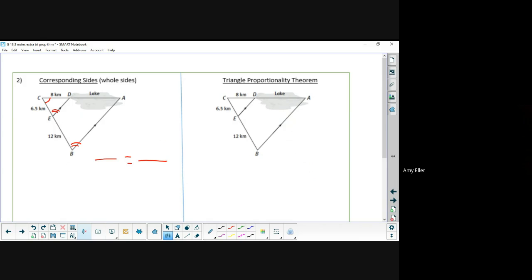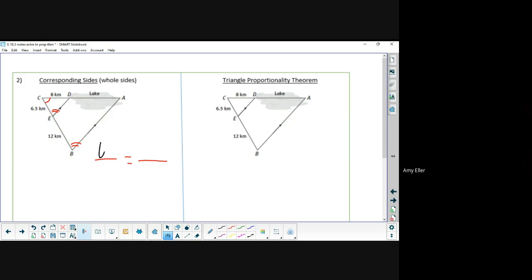We cannot pick 12. We talked about this yesterday. Do you see why you can't pick 12? 12 is not a side of the small triangle, and 12 is not a full side of the large triangle. Really, pick a side of the small or large triangle, whatever you want to do.